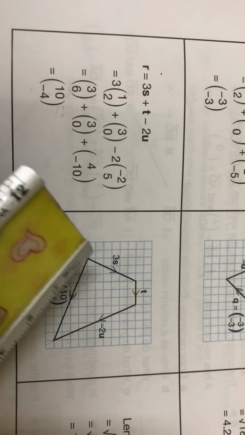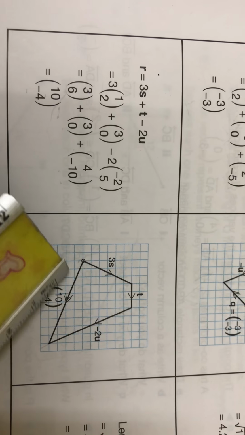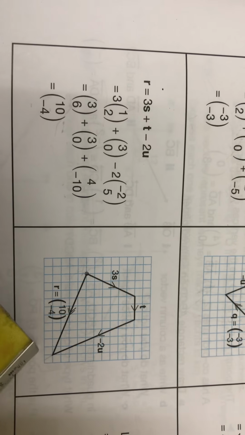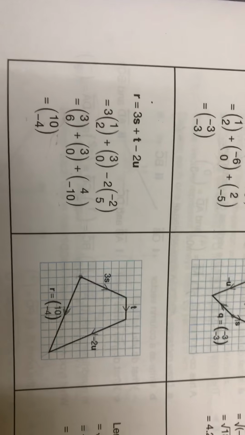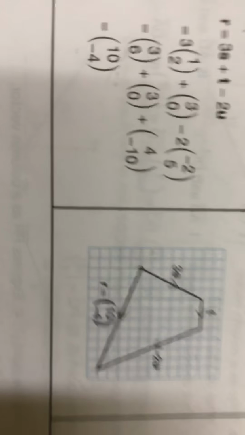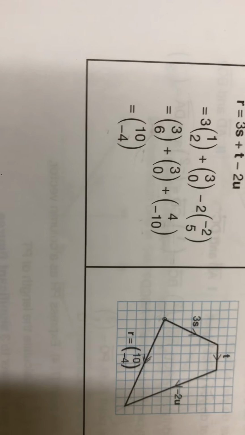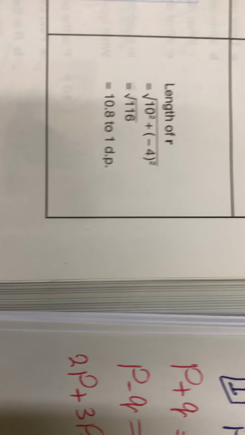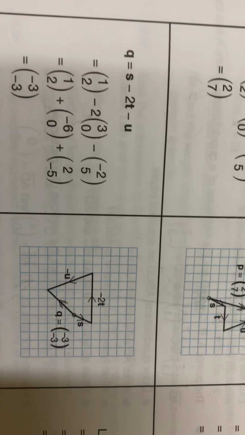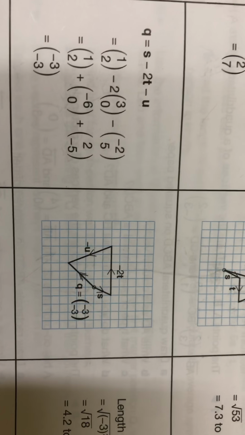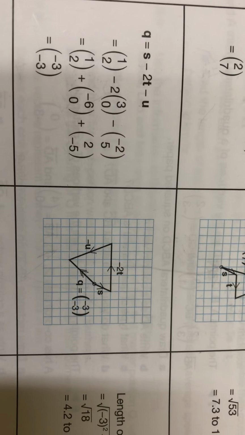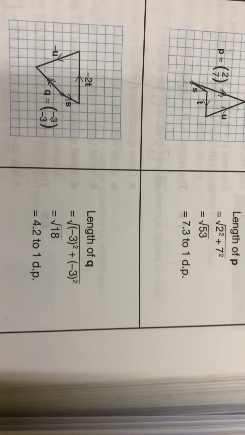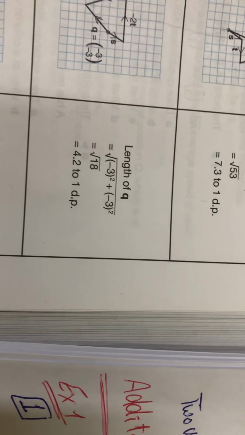Then match the starting point with the end point like this. Okay, and to calculate the vector, you have here 10 and negative 4. It will be square root of 10 squared and negative 4 squared. And up we have the vector negative 3 and negative 3, so it will be square root of negative 3 squared plus negative 3 squared, so it will be 9 plus 9, square root of 18.